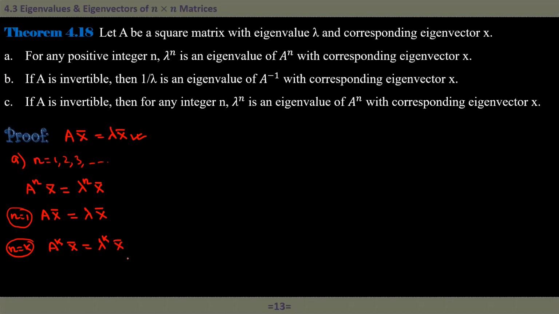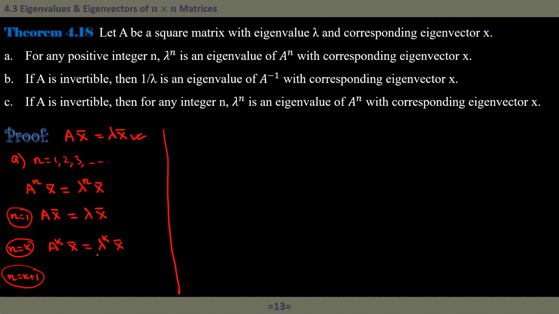Here we are assuming that for some positive k, the eigenvalue of A to the power of k is lambda to the power of k. Now I will show that for the next one, n equals k plus 1, the eigenvalue of A to the power k plus 1 will be lambda to the power of k plus 1.